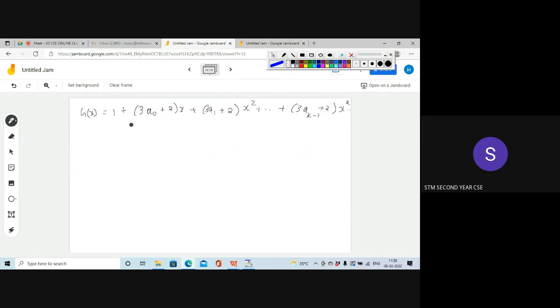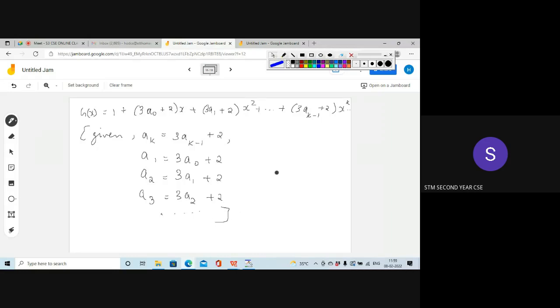So you can write in bracket, given ak is equal to 3 into ak minus 1 plus 2. So you get a1 is equal to 3 into a0 plus 2, then a2 is equal to 3 into a1 plus 2, and a3 is equal to 3 into a2 plus 2 and so on.